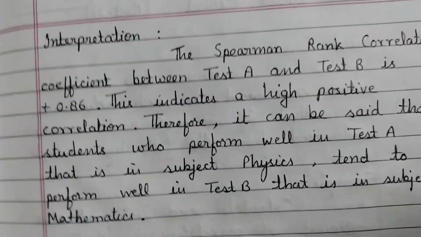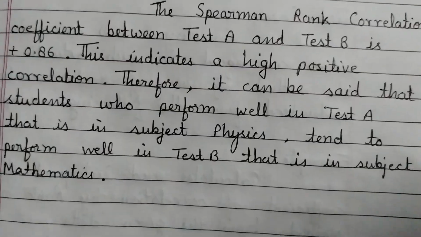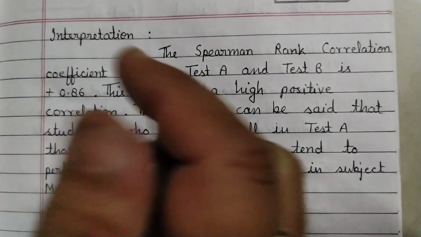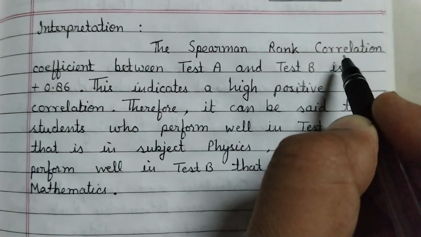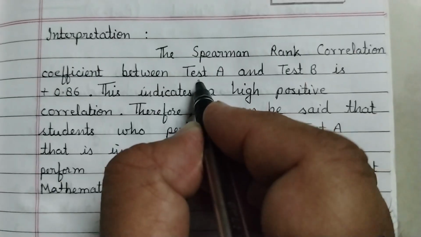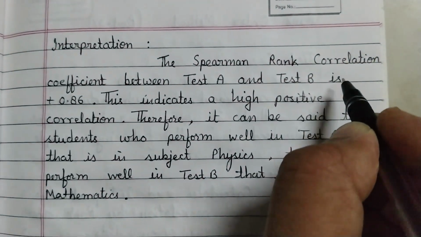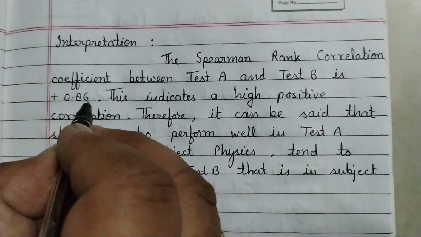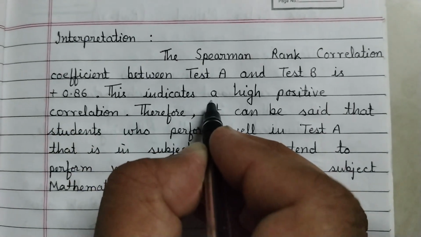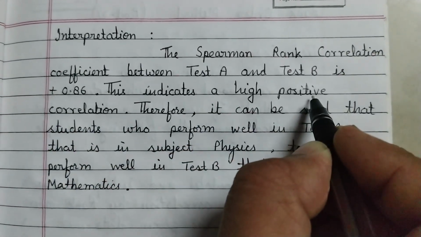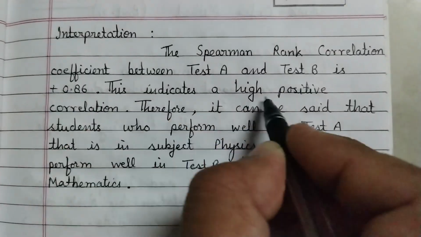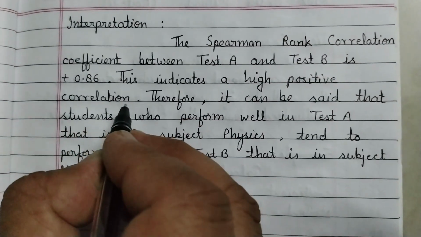Now interpretation. How will we interpret this result? The Spearman rank correlation coefficient between test A, that is physics, and test B, that is mathematics, is found to be plus 0.86. This indicates a very high positive correlation.